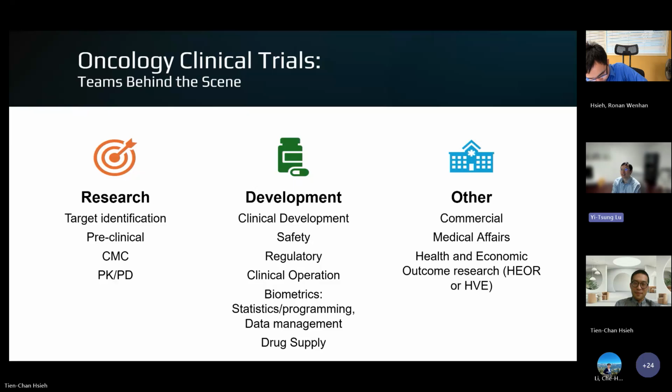Data management, there's a data manager, and there's multiple data managers, and I think some of them come from clinical operation. I don't think they need any specific training to be a data manager.